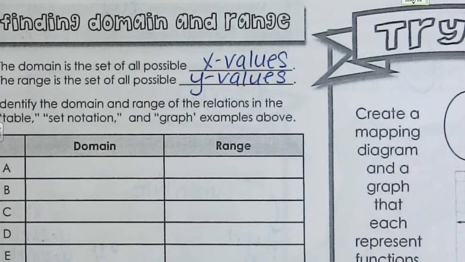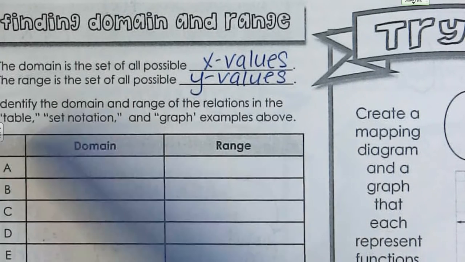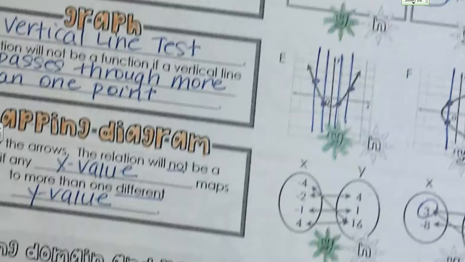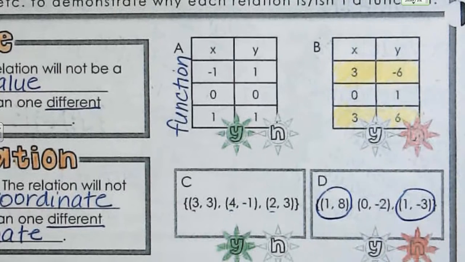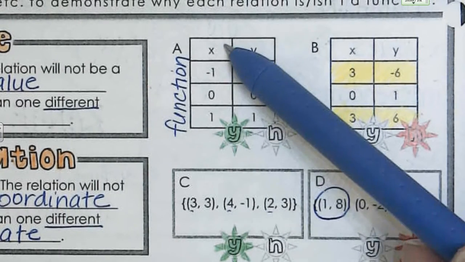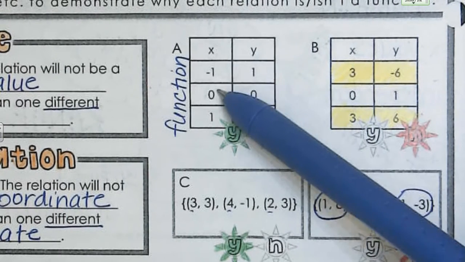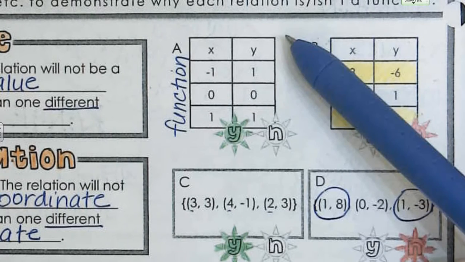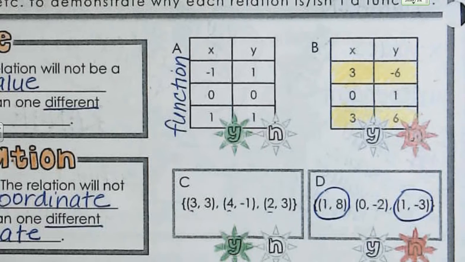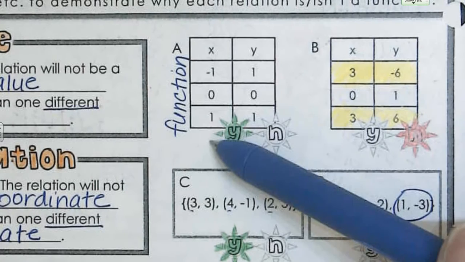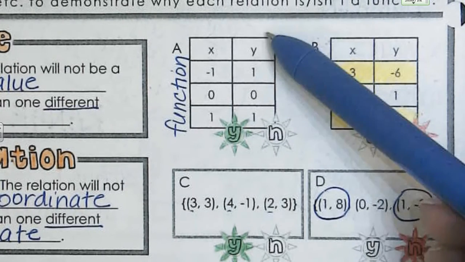When we look at A, you can see that A is our table. So we're going to go all the way up here to the table. We see that my set of x values is -1, 0, 1, and my y values are 1, 0, 1. My x values correspond to my domain, and my y values correspond to my range.